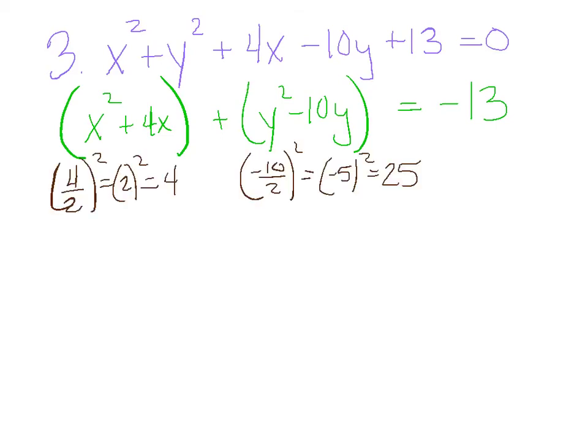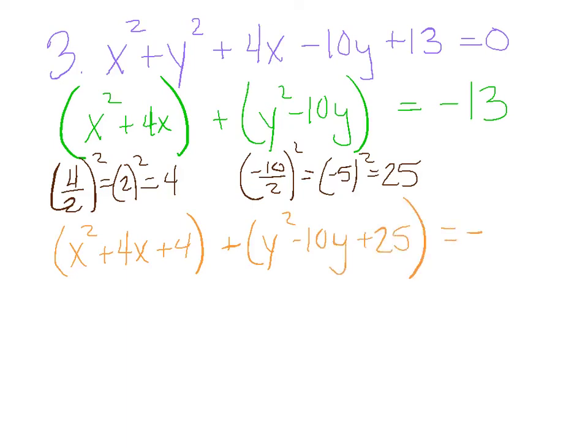So you'll notice I got a 4 and a 25 when I did it. So I'm going to rewrite this as x squared plus 4x plus 4 plus y squared minus 10y plus 25. And don't forget to add that to both sides. So I'm going to add the 4 and the 25 to this side.